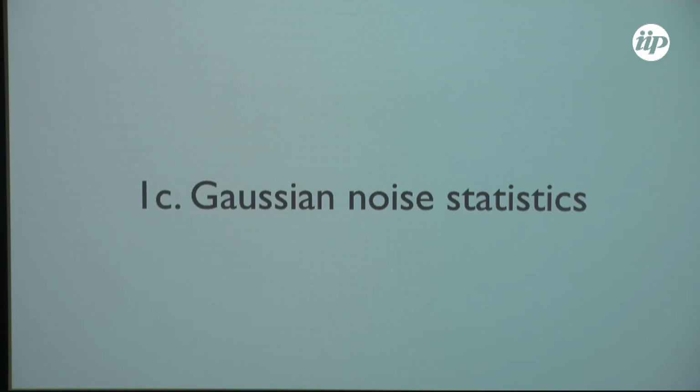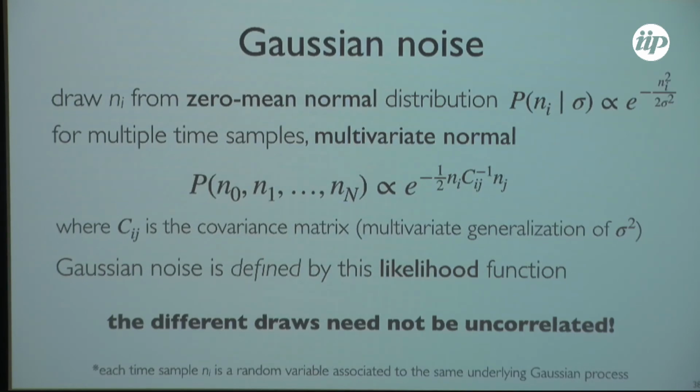But forget about the signal. Now you need to understand what the properties of Gaussian noise are. So, a bit of fun statistics. What are the properties of Gaussian noise?